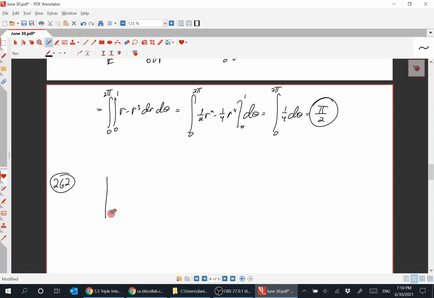So here we've got the cone z equals square root of x squared plus y squared underneath the sphere of radius 1.